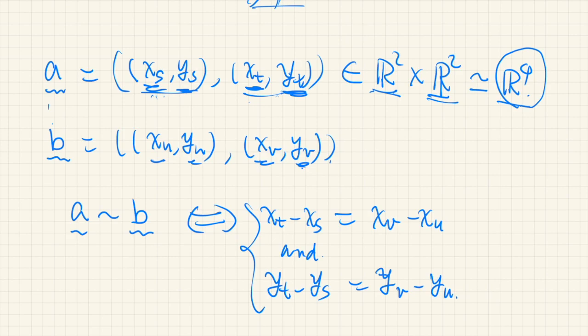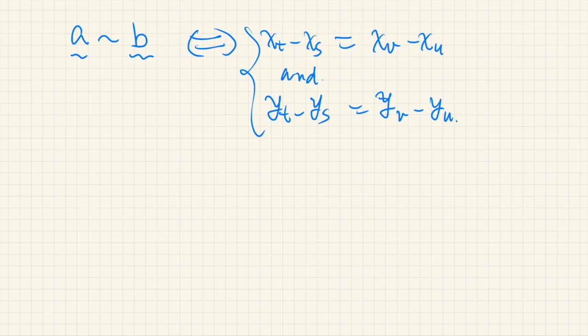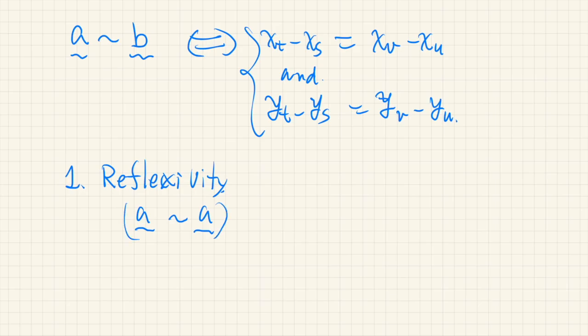Let's show that. Remember the definition of an equivalence relation? First, we need to check 3 conditions. First is reflexivity. For any arrow A, we need to show that A is equivalent to A itself. But that is trivial, right?